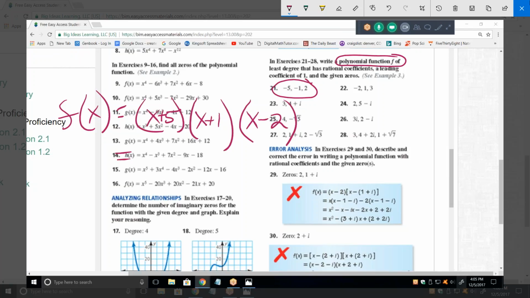Multiply the first 2 first, so x plus 5 and then x plus 1. Okay, go ahead and do that. x squared plus 5x plus x, and then plus 5.